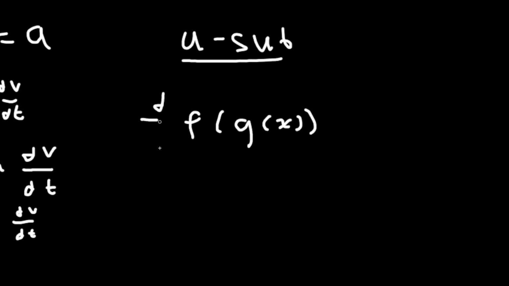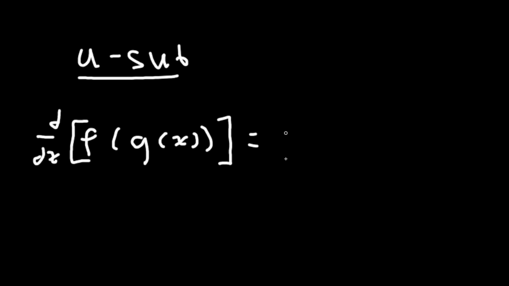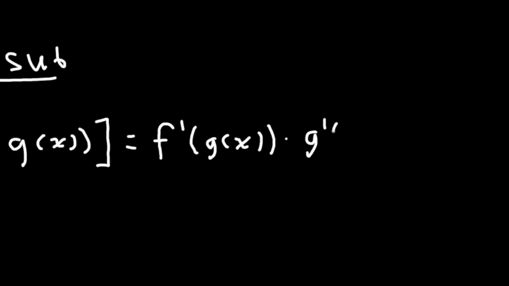So let's just say we take the derivative with respect to x of this composite function. What we have right here is f'(g(x)) times g'(x).